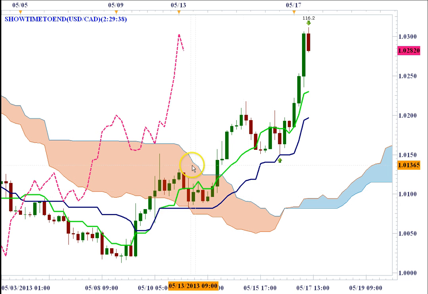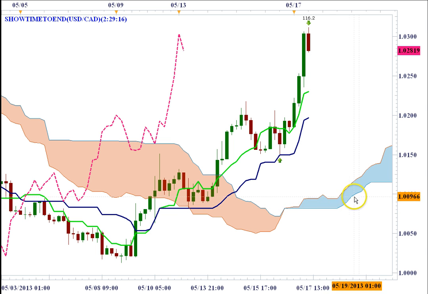Now, when I'm talking about lines on the Kumo cloud, these are lines that I really don't take into effect as like, oh, I have to learn this line, I have to know this line. I learned the whole Kumo cloud as one, but the lines are going to be your Senkou Span A and Senkou Span B. So on an uptrend, Senkou Span A will be on top, so this would be the line right here going up, and then Senkou Span B will be on the bottom, and that will be this line right here.